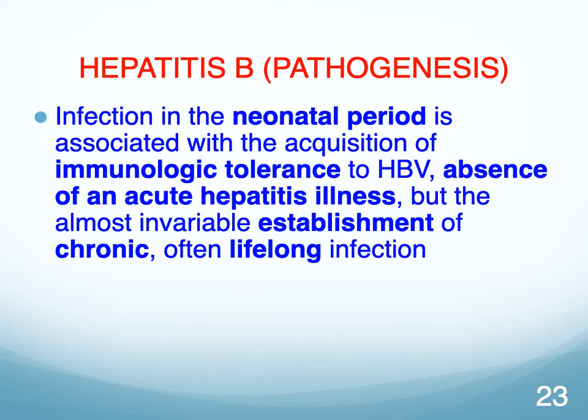So there will be immunologic tolerance because the hepatitis B is not directly cytopathic. The SGPT, SGOT, or the ALT or AST will remain normal, and there is an absence of acute hepatitis illness. So therefore, if you acquire it neonatally, then chronicity is almost always the rule. And then HBs antigen will almost always remain during lifetime.